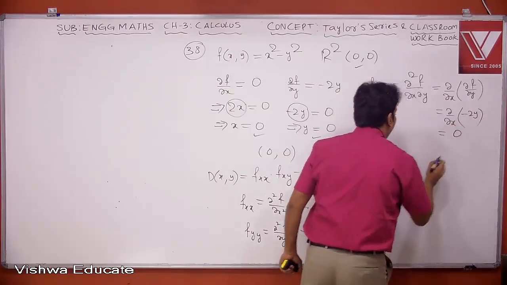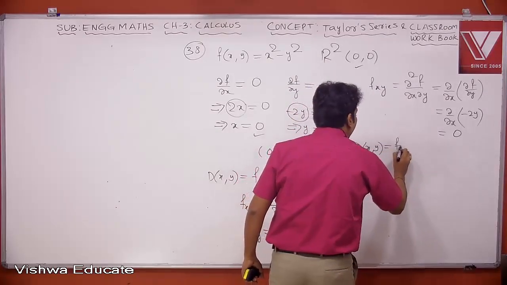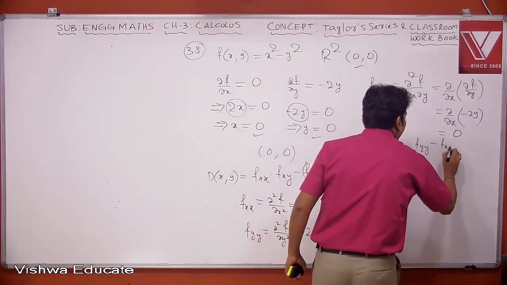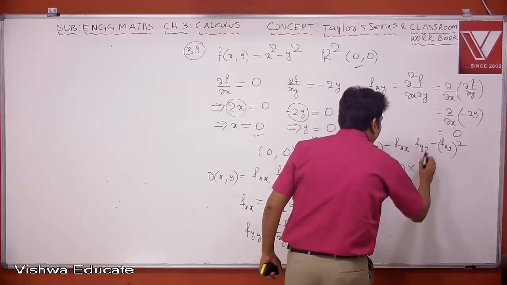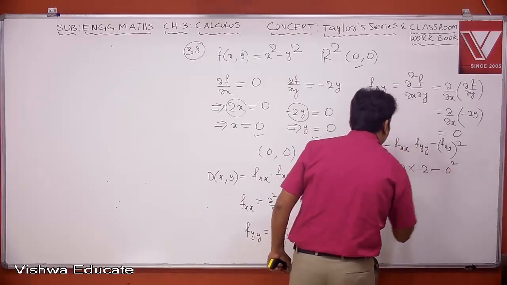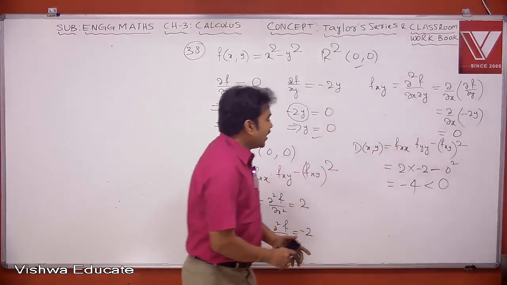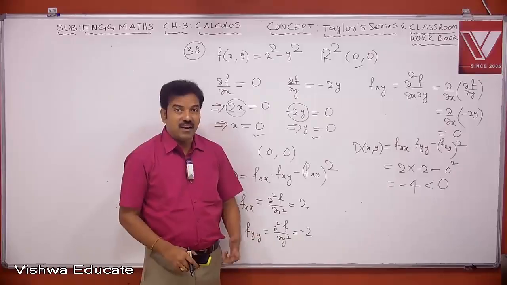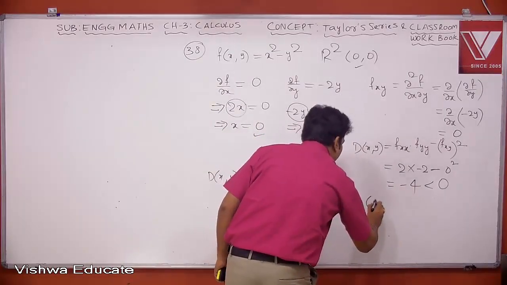Now here we are doing the derivative with respect to x, but there are no x terms. Therefore this is 0. Therefore D(x, y) is fxx into fyy minus fxy whole square. fxx is 2, fyy is minus 2, fxy is 0. So here the D value is minus 4, it is negative. When the D value is negative at a stationary point, then the point is neither a local minimum nor a local maximum by the second order derivative test.